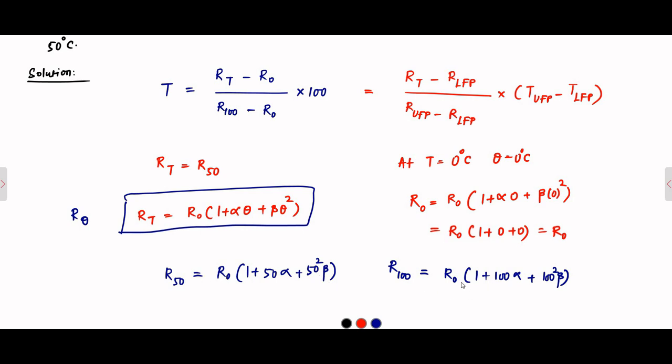Now we'll make the substitutions. Here R_T is R50.